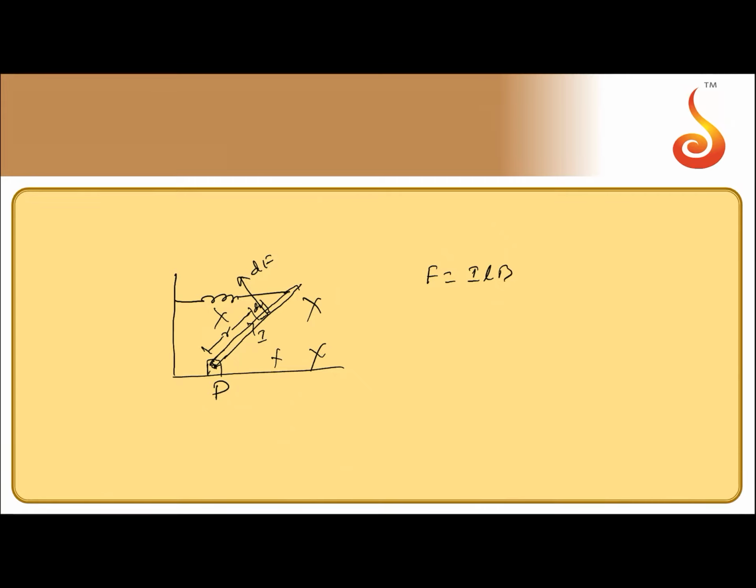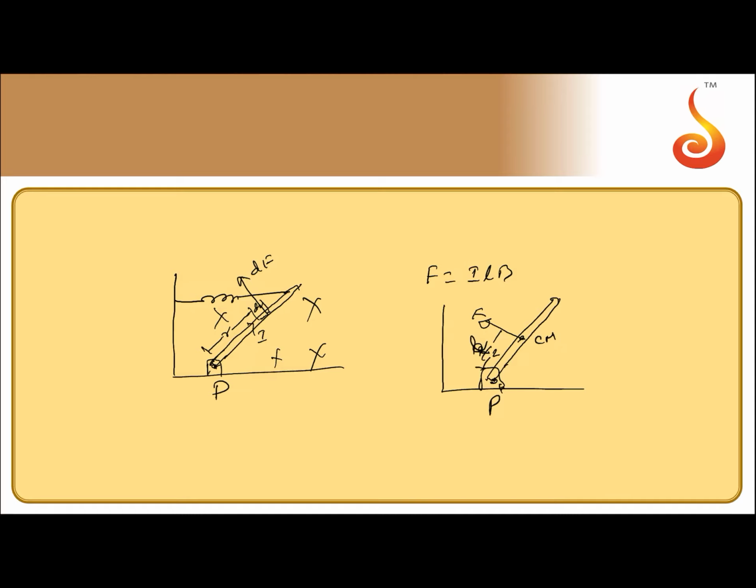Because the IL vector, that is the current element vector, is perpendicular to the current wire. So force will be equal to this. And this force effectively we can consider as acting from the center of mass. So this distance can be taken as L by 2.